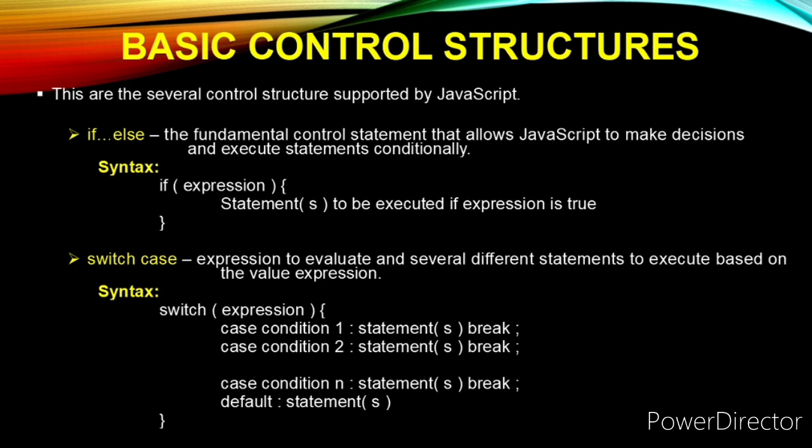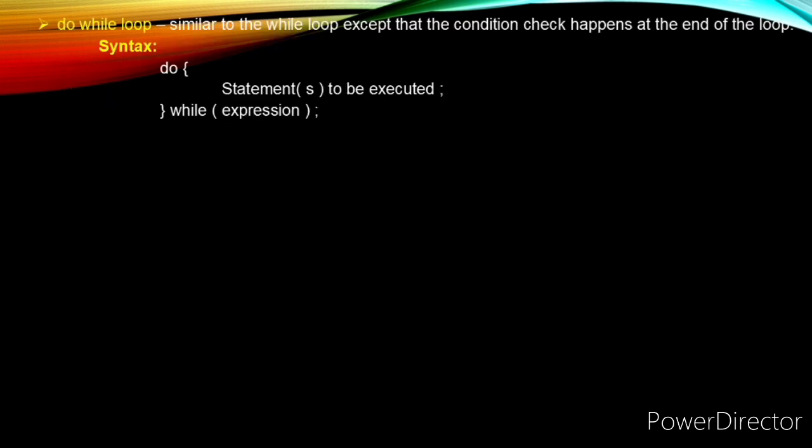If nothing matches, a default condition will be used. 3. Do-while loop. Similar to the while loop, except that the condition check happens at the end of the loop. This means that the loop will always be executed at least once, even if the condition is false.